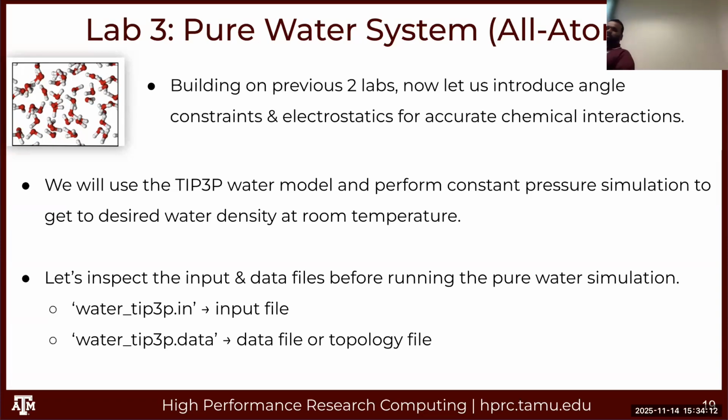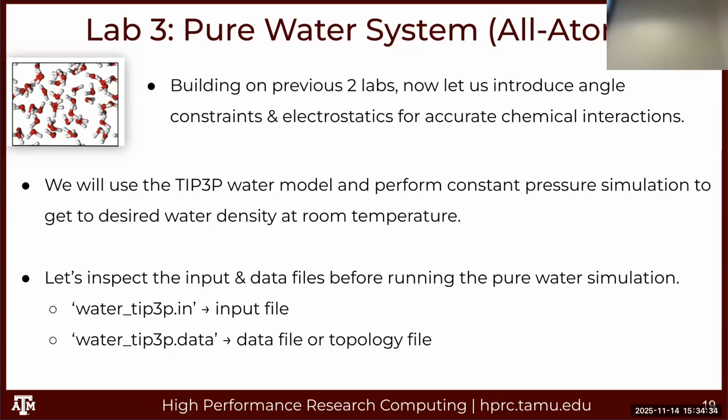So we'll use something that is commonly used, a model called TIP3P. It's just a model with some force field parameters. Think of it as numbers that people have optimized for something to behave like water. And then we will perform constant pressure simulations. The objective here is to get to the water density at room temperature.